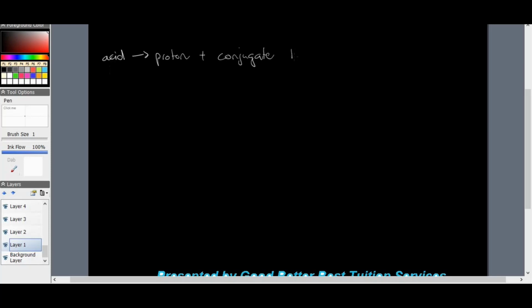Conjugate base. And that's just in layman's terms.